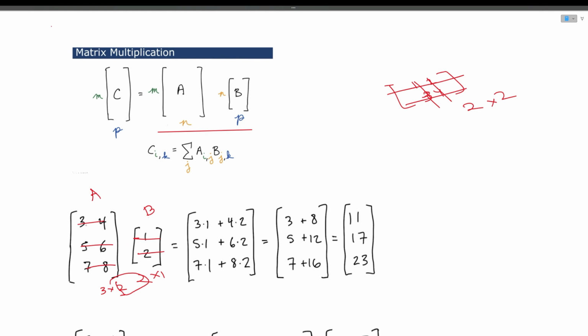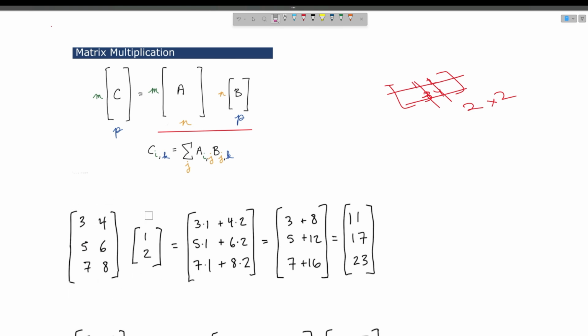You can see we have 3 4 and 1 2. What happens is these get multiplied individually: 3 gets multiplied with 1, 4 gets multiplied with 2, and then they add up. This is the rule. Let me remove these so that you understand.